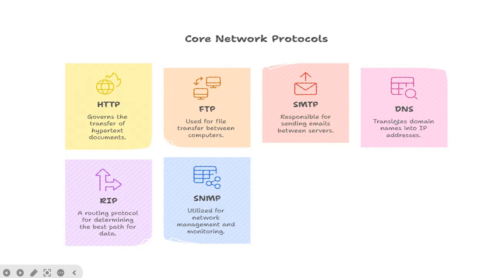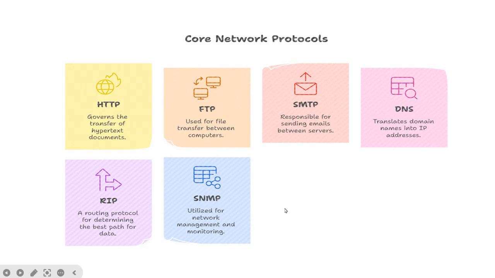Then comes DNS, the Domain Name System, which translates domain names into IP addresses. And you have RIP, the Routing Information Protocol, a routing protocol for determining the best path for the data. The last one is SNMP, the Simple Network Management Protocol, utilized for network management and monitoring.